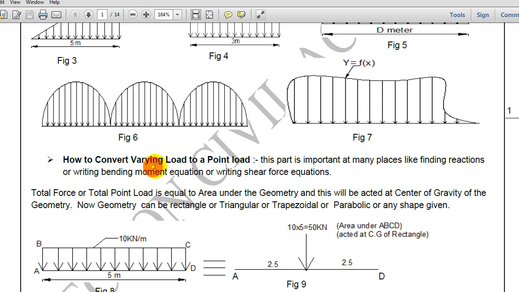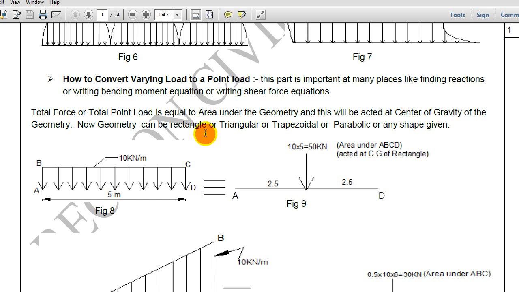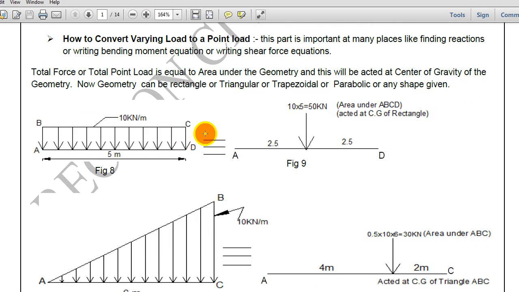So how to convert a varying load to a point load? The simple thing is, find the area under these curves, whatever the area is, and then simply find its center of gravity. So the total load will act at this point. I will give you one by one example of each to understand this.